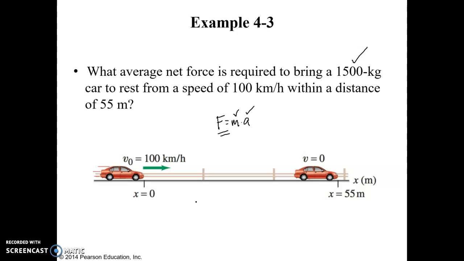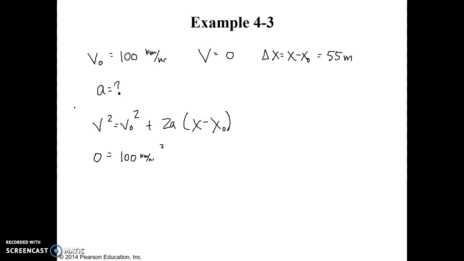So we need to find out the acceleration of this vehicle from its current velocity to its final velocity. And we looked at our constant acceleration equations and chose this one so that we can find acceleration, because we know the final velocity, we know the initial velocity, and we know the difference in position, x minus x naught.